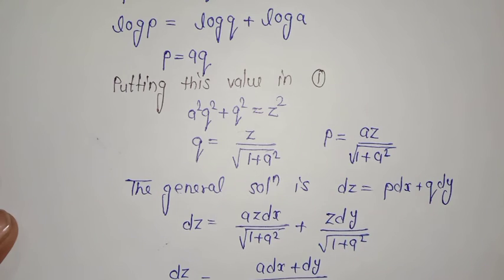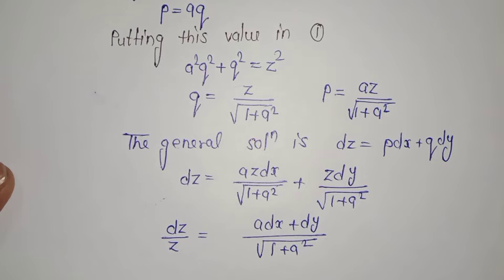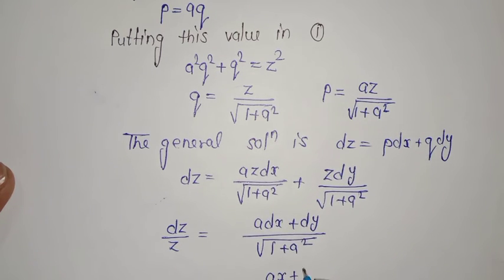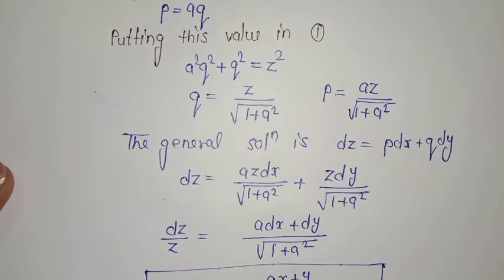On integrating, we can easily find the solution. So on integration, this gives log z is equal to (ax plus y) by root of 1 plus a square plus some integrating constant c. And this is the required general solution for the given non-linear PDE.